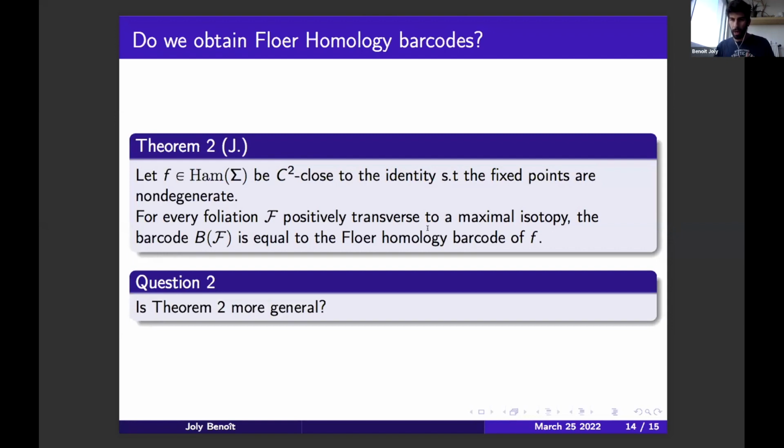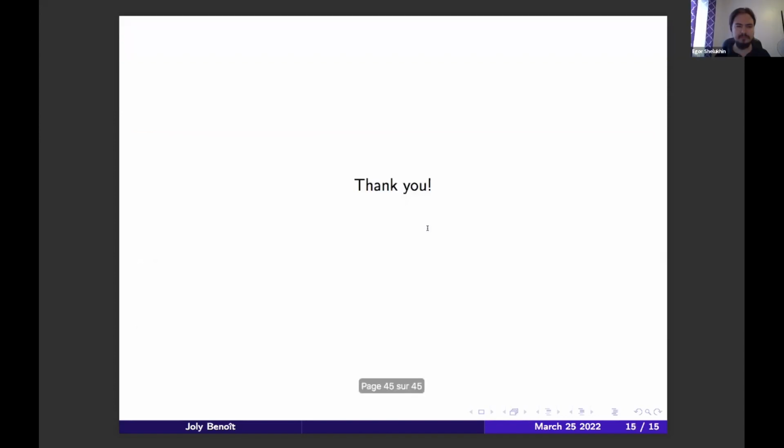I have some ideas where I want to use torsion-law isotopies, but because of some Conley-Zehnder index problems, I may have to use some kind of generalized torsion-law isotopies defined on the universal cover of the surface. So thank you for your attention, and I will be glad to answer any questions.